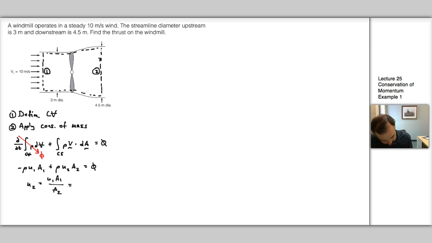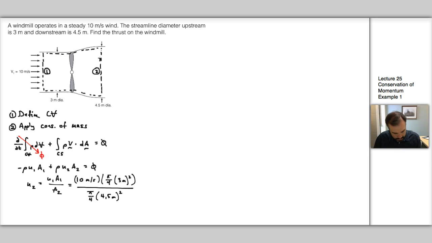We can plug in our numbers there. We have 10 meters per second times, now we're not given the area directly here, we're given the diameter at 3 meters. So we can say pi over 4 times 3 meters squared, the area of our streamline or control surface, over pi over 4 times 4.5 meters squared.